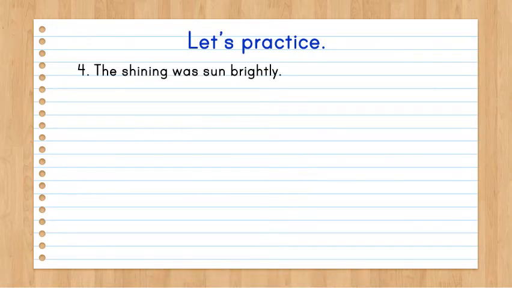Next one. The shining was shone brightly. Does it sound correct? Of course not. So how to write this correctly? First, remember the subject followed by the verb and the object. So here the subject is the sun, isn't it? And the verb, what is the verb here?